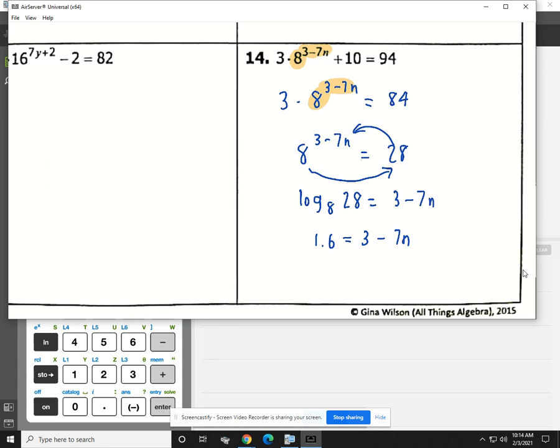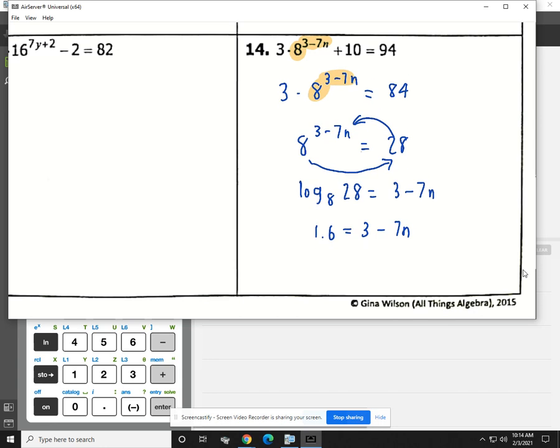Now again, you got to follow a specific order to solve for n. So what's the first thing you got to get rid of? The 3. How do you move the positive 3? Subtract it. So what's 1.6 minus 3? Negative 1.4. So negative 1.4 equals negative 7 times n, right? So lastly, how do I separate that negative 7 from the n?